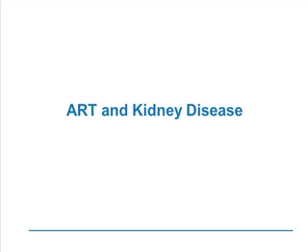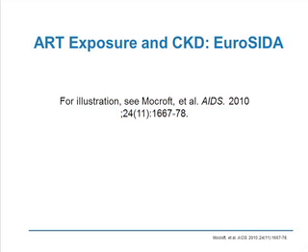What do we know about the relationship between the regimen we choose and the development of kidney disease? Some of the best data come from large-scale observational studies. And here's a summary of data from the EuroSIDA cohort of thousands of patient-years of experience.